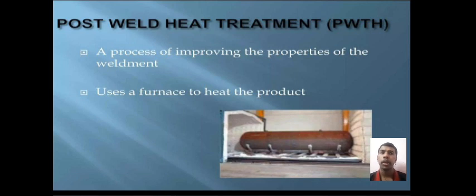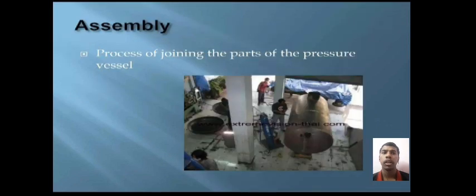To improve the weldment, heat is given to the product so that it achieves good characteristics of the weld of the desired product we want. Then the parts are joined and the pressure vessel is obtained.